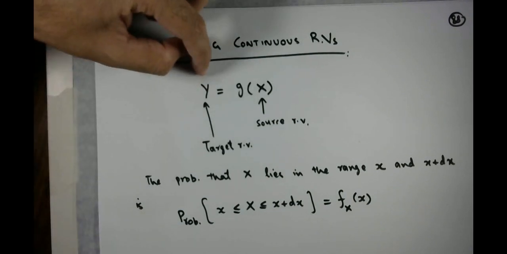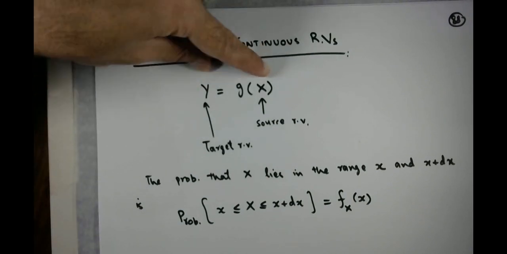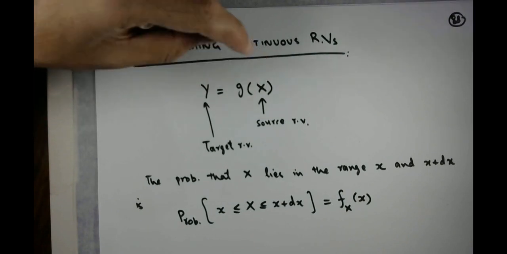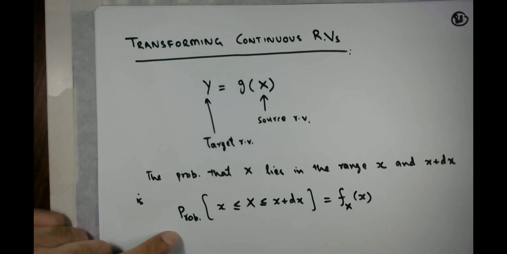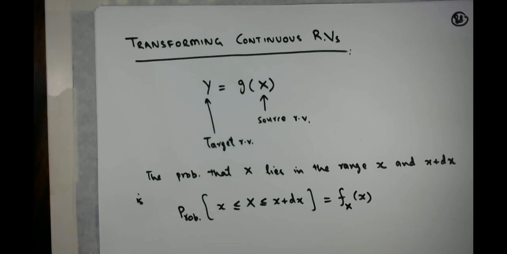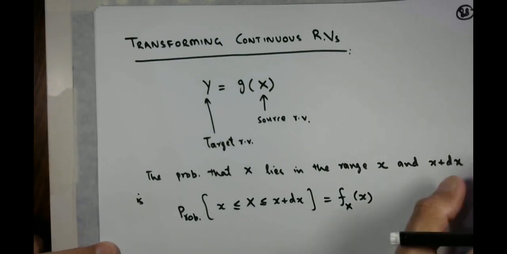But since y is related to x in this fashion, this probability must be equal to the probability that the random variable y also lies between y and y plus dy.